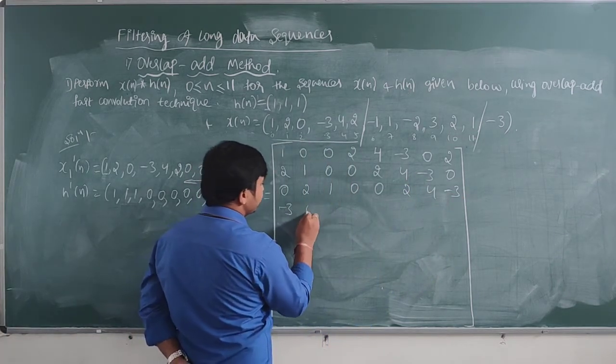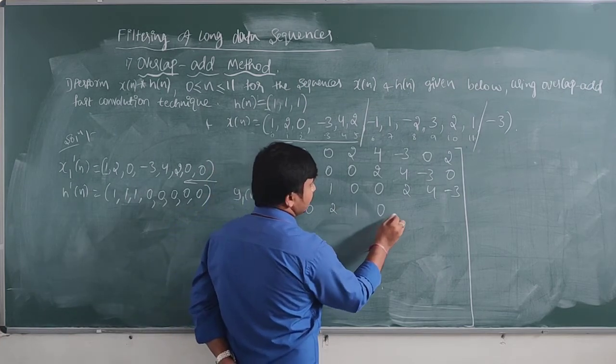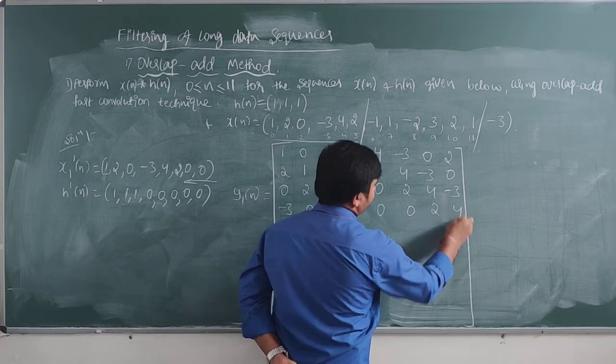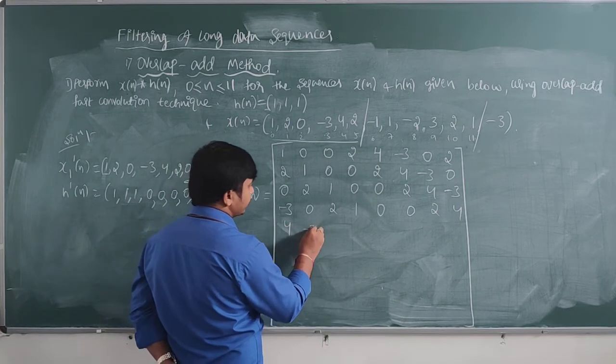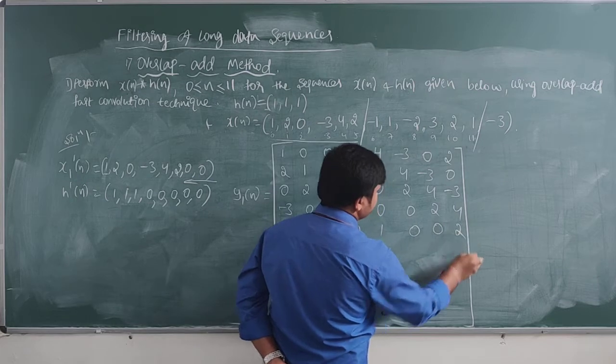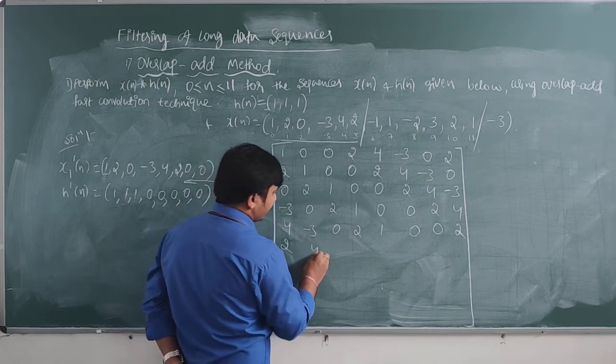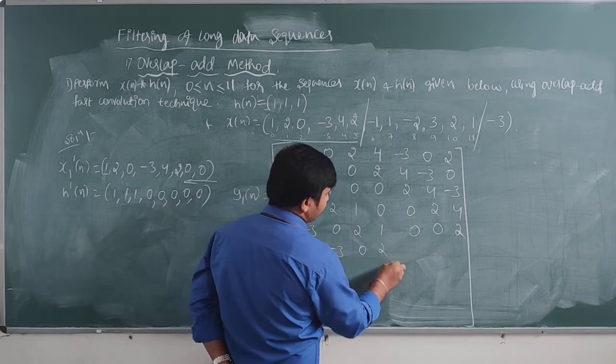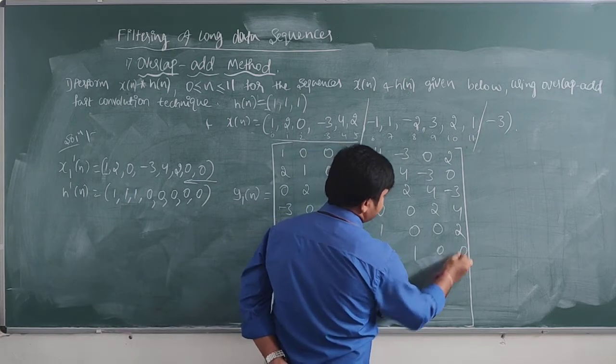So minus 3, 0, 2, 1, 0, 0, 2, 4. Then 4, minus 3, 0, 2, 1, 0, 0, 2. Next 2, 4, minus 3, 0, 2, 1, 0, 0.